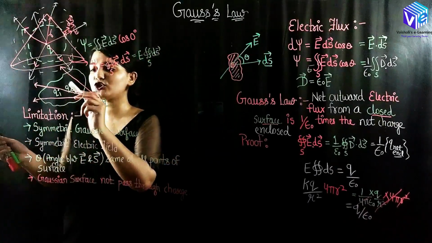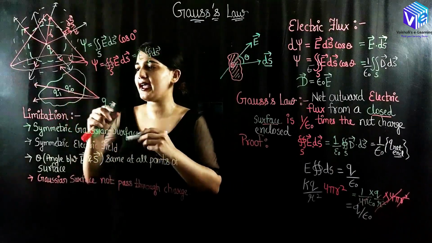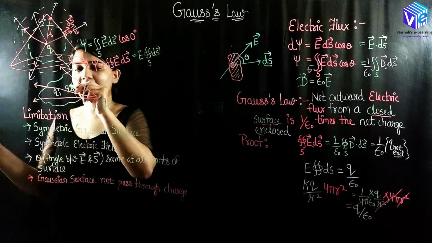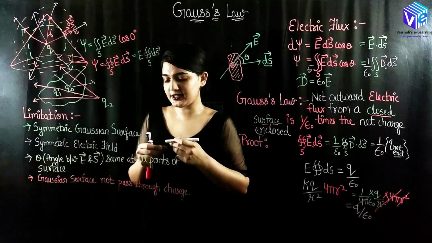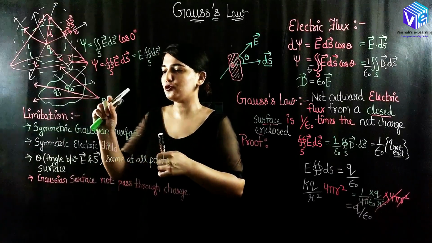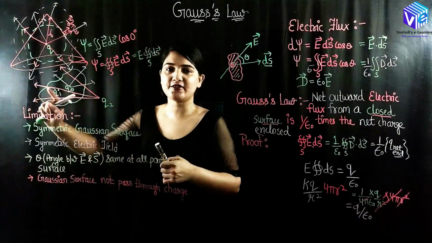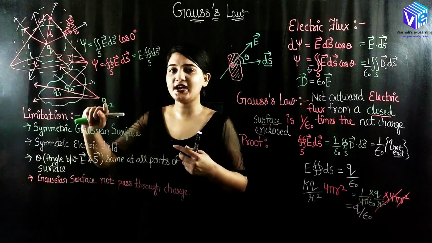So here I have two charges, Q0 and Q1. Due to Q0 I have some electric field lines, and the charge Q2 which is outside, due to which I will also have some electric field lines. So let's understand what will be the flux due to the charge Q2.